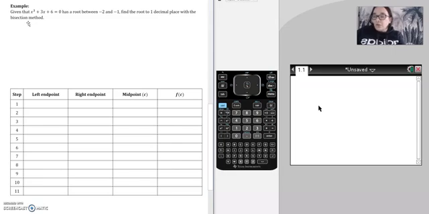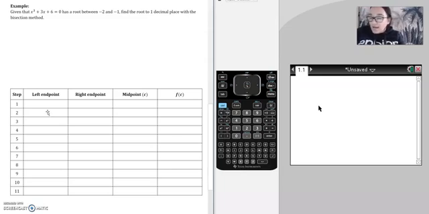So in this question, we have our function, and we have the interval that we're going to start with. We're going to start investigating between -2 and -1, and we need to continue the process until our A, our B, and our C are all the same to one decimal place accuracy.